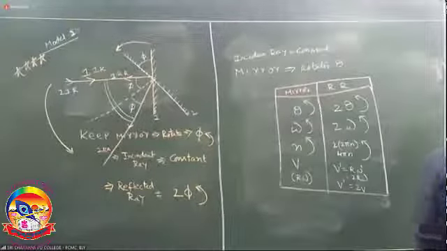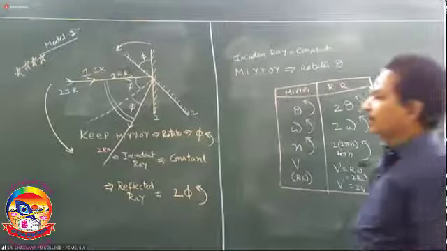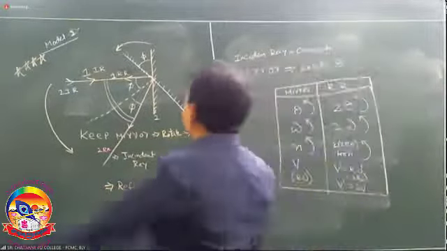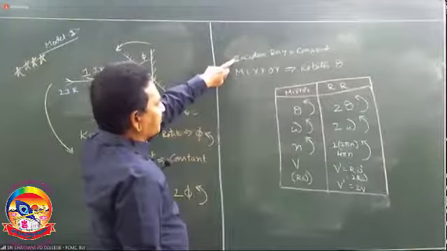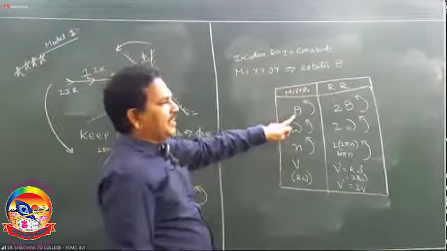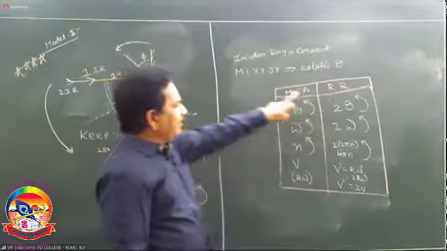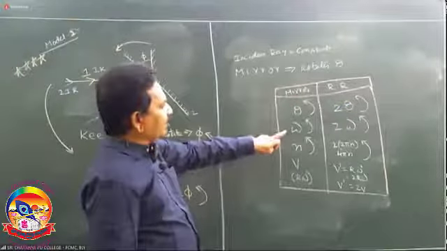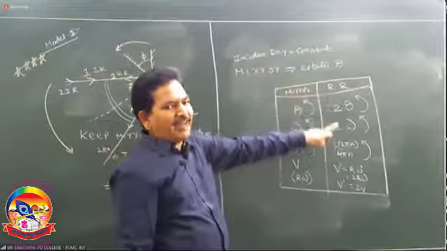Four problems, here itself I am doing. What is that problem? Incident ray kept constant. Mirror rotated by theta, reflected ray rotates by 2 theta. Mirror rotates with angular velocity omega, reflected ray rotates with angular velocity 2 omega.